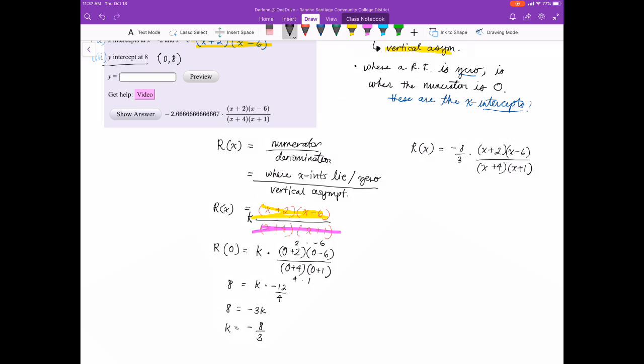And I don't think you have to multiply that out. I think it looks fine the way it is. As we look over here to the left, we could see that this is, in fact, the answer.